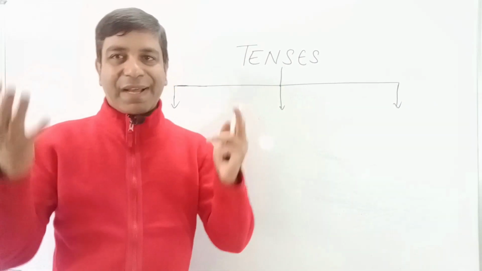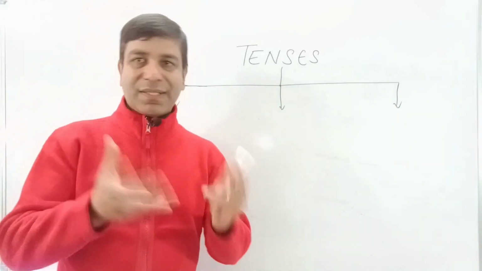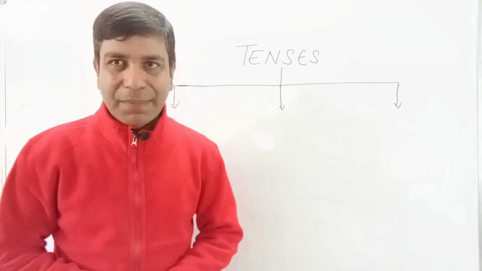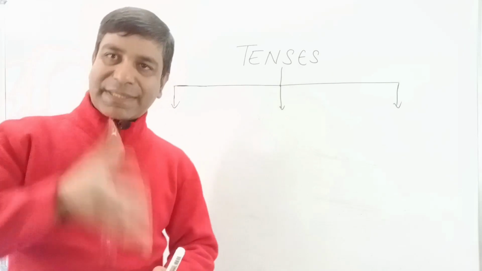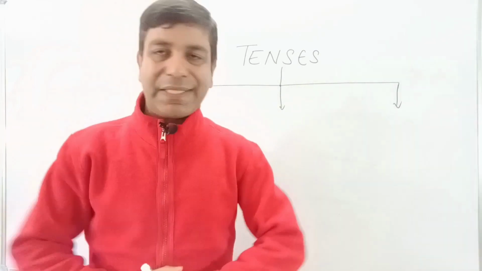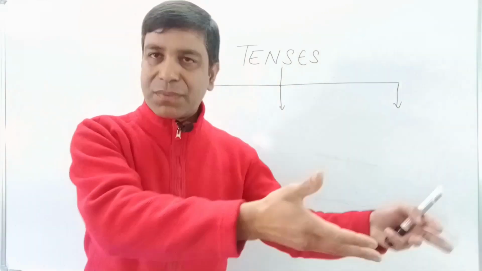You don't need a vast knowledge of grammar to answer this question. There are three different categories of time. First is the time which is already past, then the time we are living in, the time which is going on right now, and the time which is going to take place after some time.